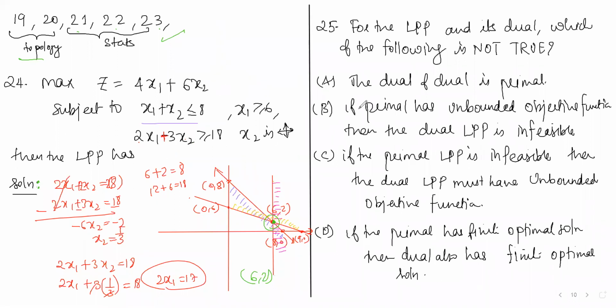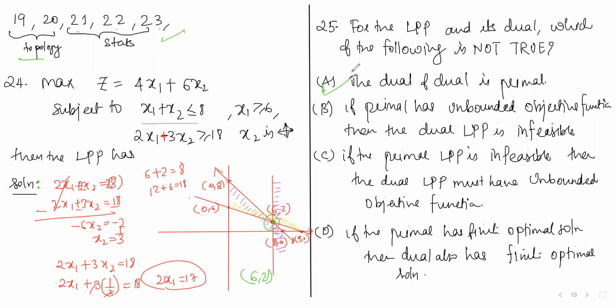Anyway, if you notice question 25, this LPP is asking which of the following is not true. And if you read the problem, statement A appears to be true, no doubt. It is always true, because the dual of dual is primal. So we don't have to worry about this. Let's check the next one.